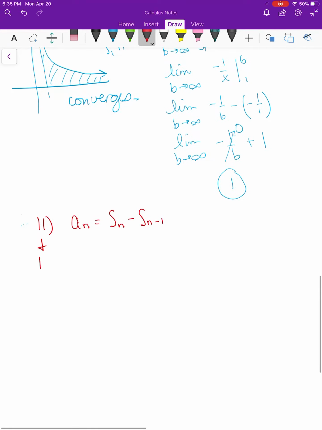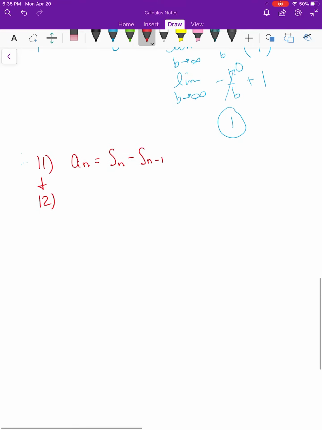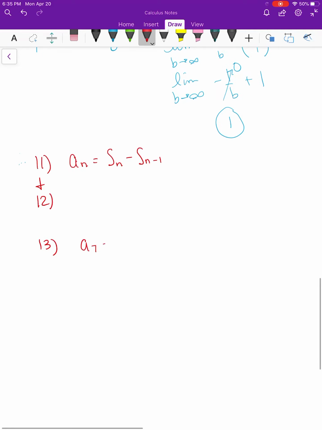11, 12, 13, 14. For number 11, I want you to use s sub n minus s sub n minus 1 will give you a sub n. And I want you to use that on number 12 also, okay? Because they asked you to find a sub n, they gave you s sub n.